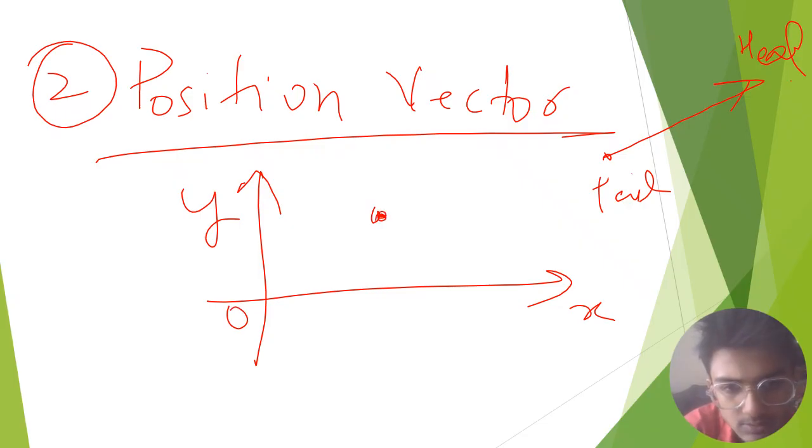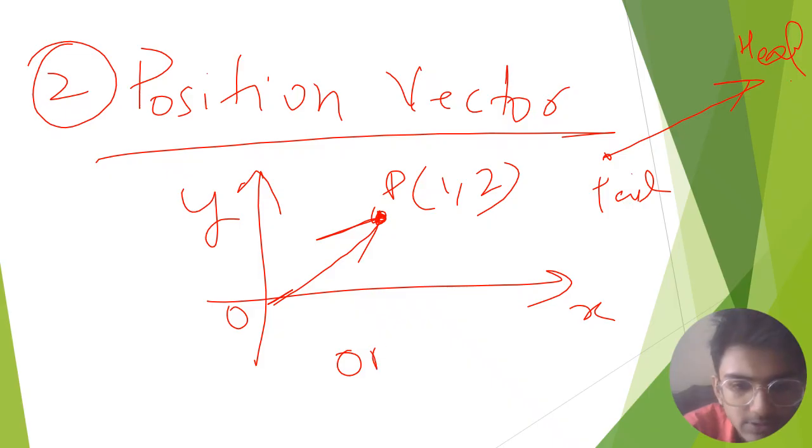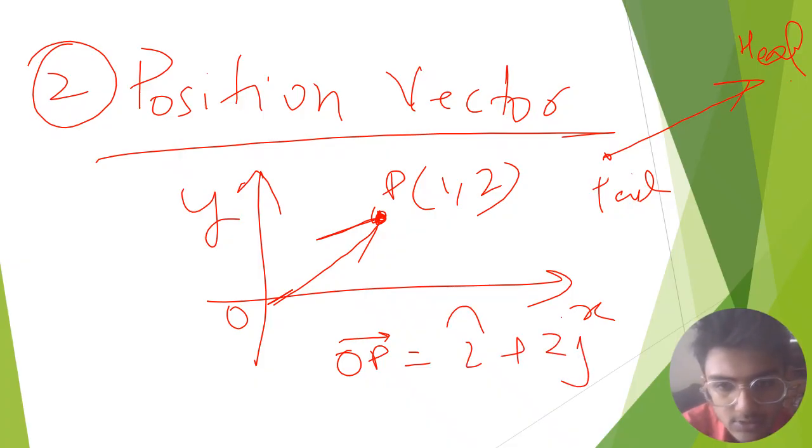Now here is a point, that is (1, 2). So this vector OP is called the position vector. It's the vector joining the origin and the point. So we will write OP vector is equal to, in ijk terms, I think you know, i cap plus 2j cap, right?